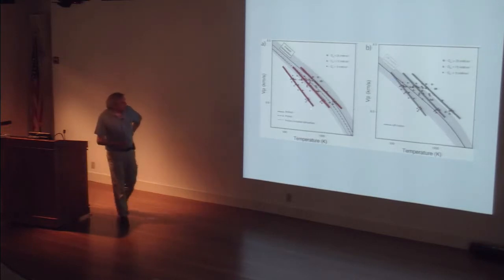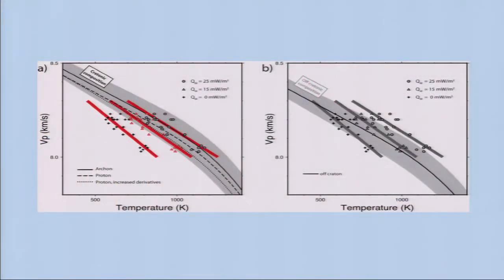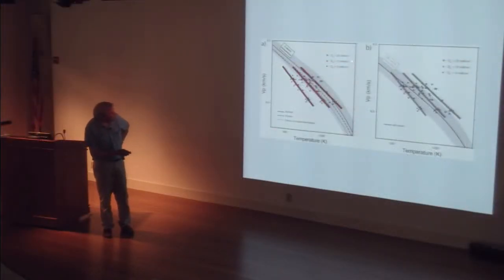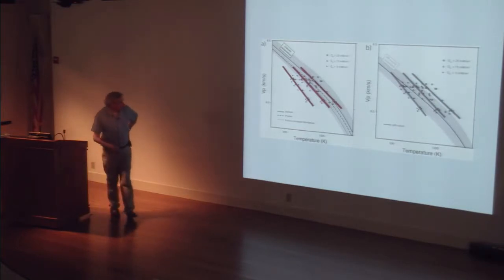Now, if we take the cratonic composition, that's from Roberta, but we've also taken some other things, Archon and Proton from Griffin, and then added the slack in the elastic constants, you can see we got a much better fit in terms of the slope and the position of the geotherm. So our preferred one is here, 15, which in fact is better fit by a Proton model than an Archon model, and there's something there that we could maybe work on.